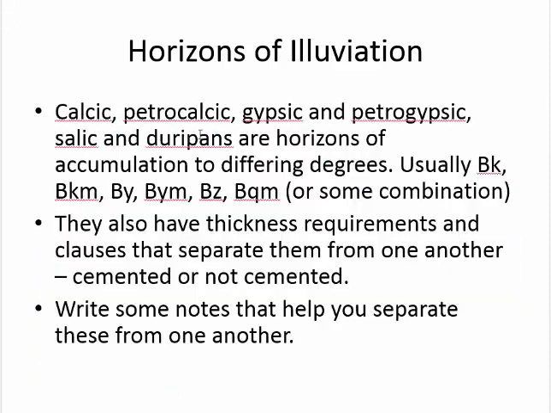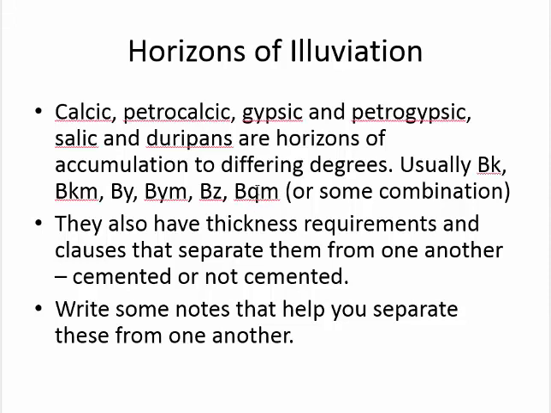There's some more horizons of alluviation, including calcic, petrocalcic, gypsic, petrogypsic, salic, and durapans. These are all horizons of accumulation to differing degrees, and usually a calcic would be indicated by BK, petrocalcic, we'd put the M on there to indicate cementation, BY for gypsic, BYM for petrogypsic, BZ for salic, and then BQM for durapan.